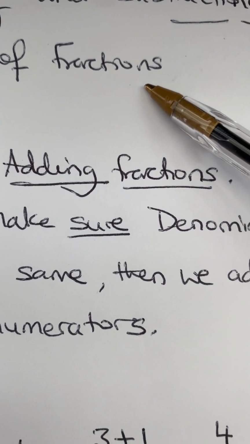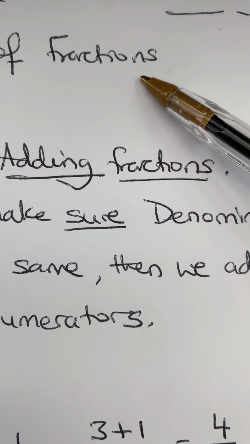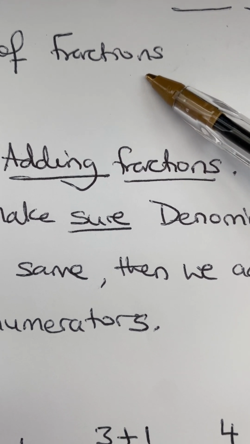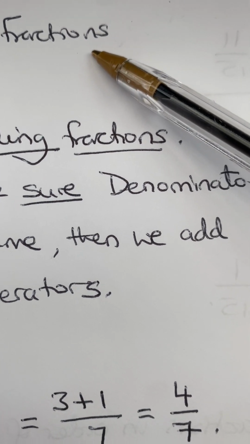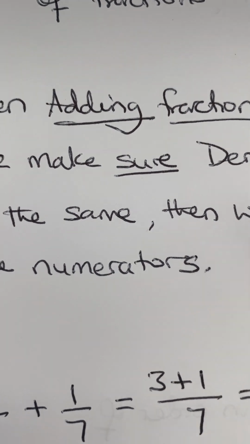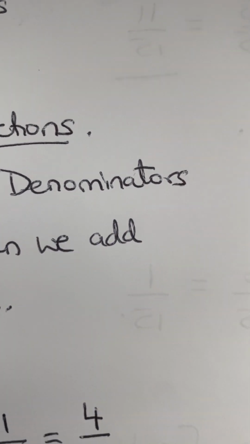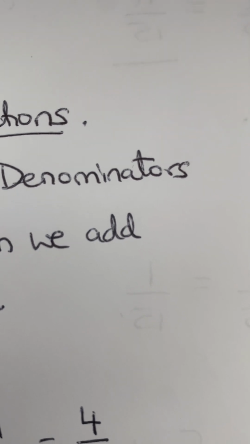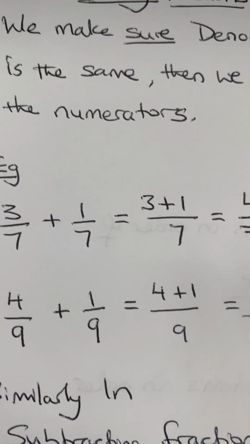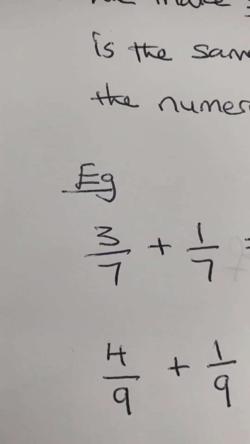We started looking at fractions, and we said that a fraction has a numerator, which is the top number, and it has a denominator, which is the lower number. We saw how fractions are written.